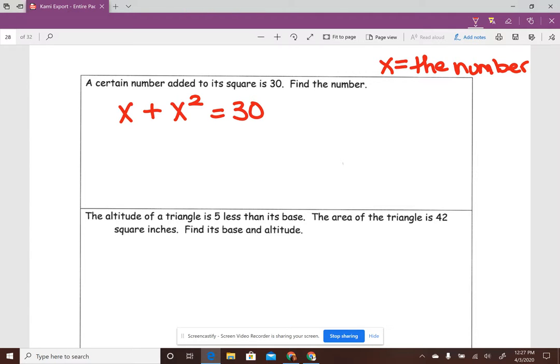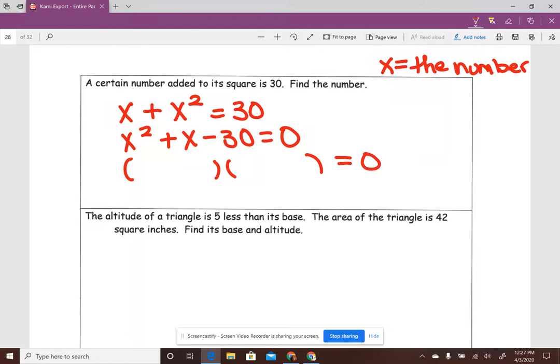Find the number. So since this is a quadratic, I'm going to put it in standard form and set it equal to 0. Remember, standard form is the same as descending order equal to 0. Okay, this is factorable. I get x plus 6 and x minus 5.